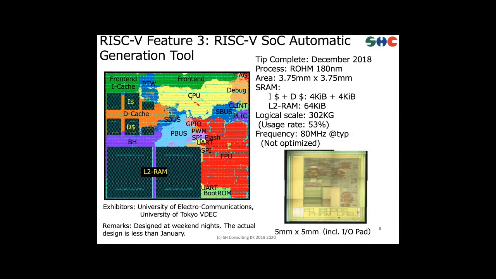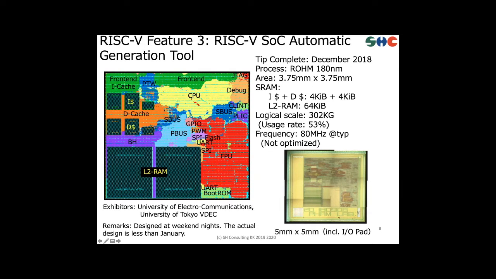Another feature is the Rocket chip generator, which is a RISC-V SoC generator. We put together a 64-bit chip with double precision floating point and everything, and it turned out to be very easy because Rocket did everything.